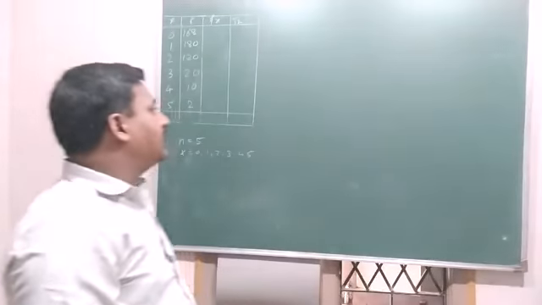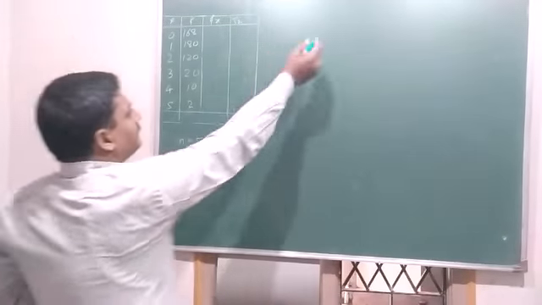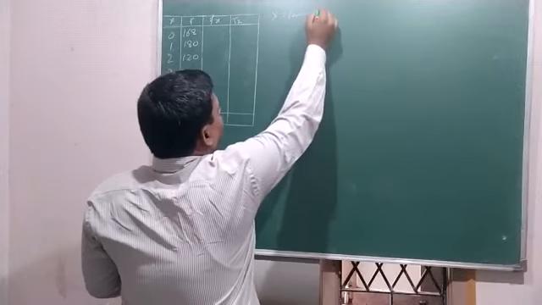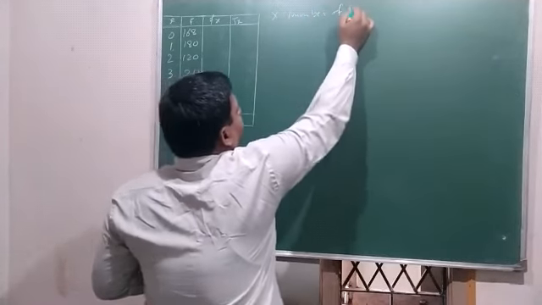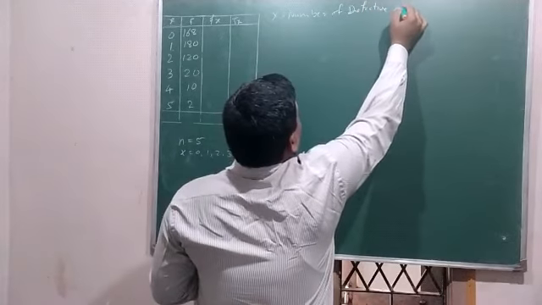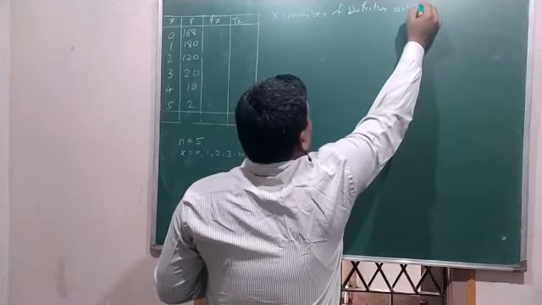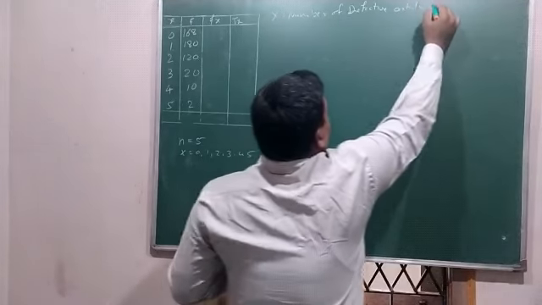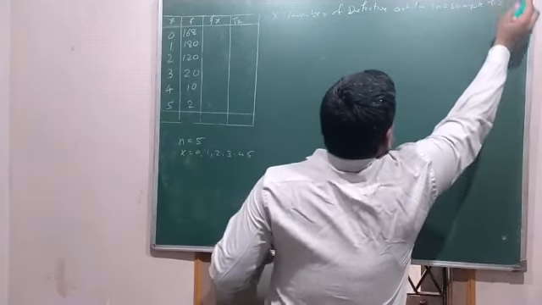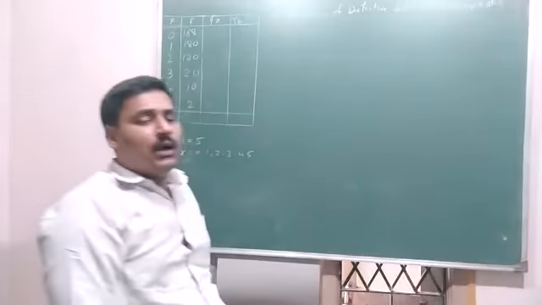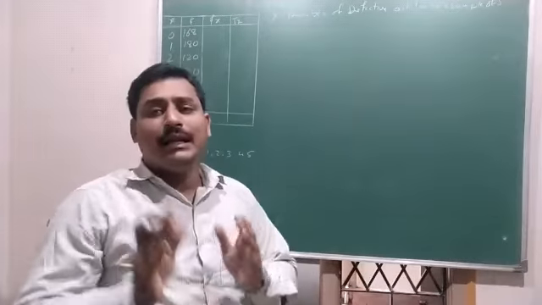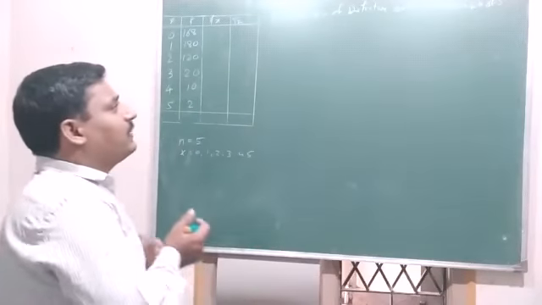So let us consider X as the number of defective articles or items in a sample of 5. So out of 5 items, how many are defective? That is considered as a random variable X.